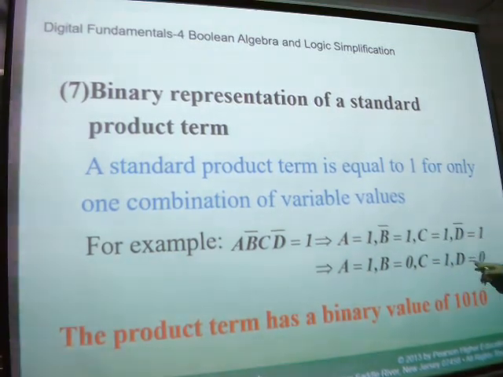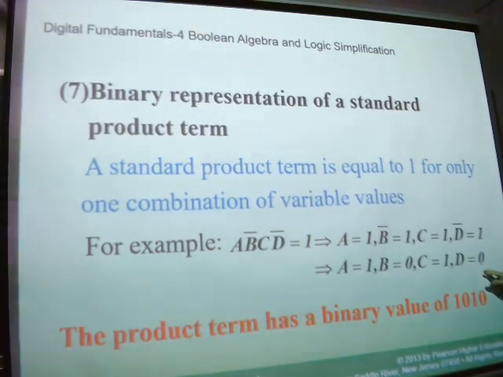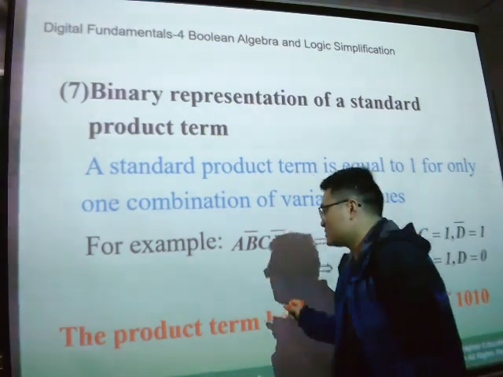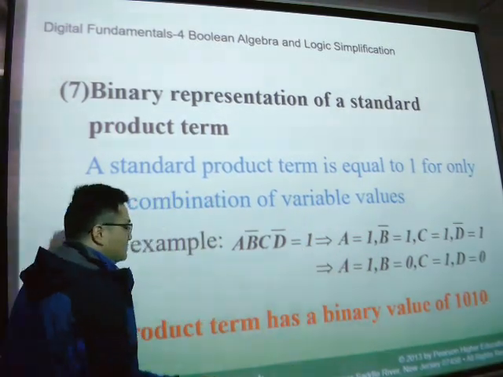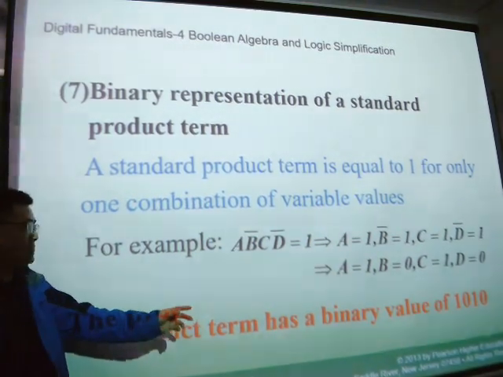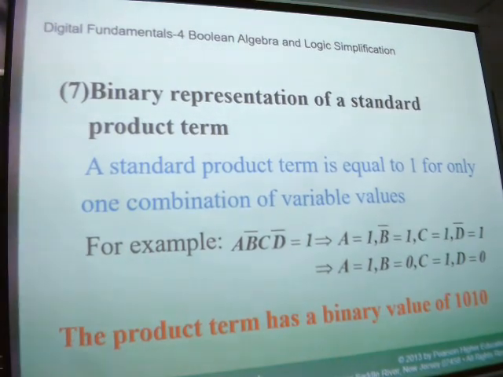If D bar equals 1, then D equals 0. So the product term has a binary value of 1, 0, 1, 0.